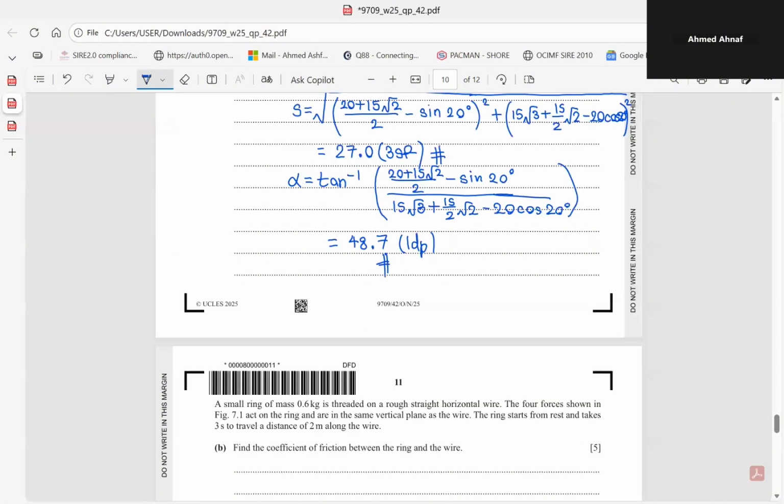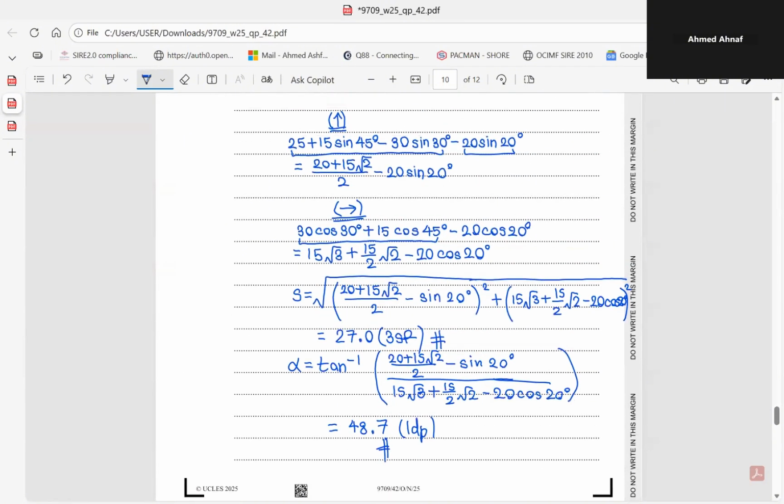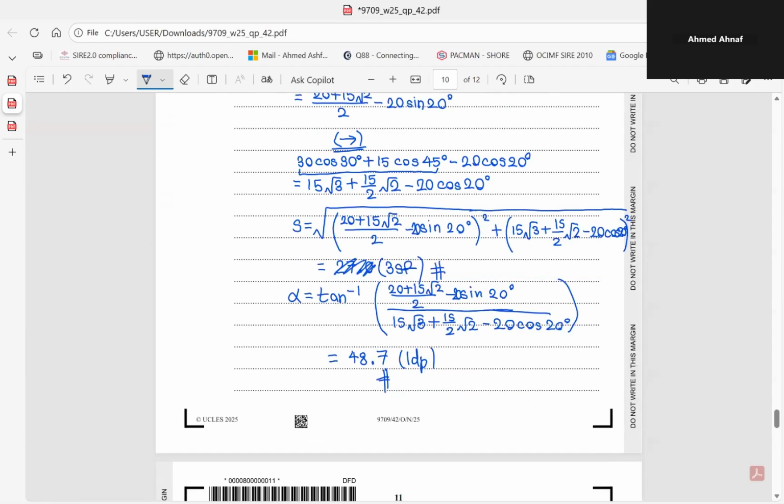Okay, so before I go on to the next part, I realized I made a silly mistake in here. I forgot to copy down the 20 here and here. So this one is supposed to be 22.5 to 3SF.